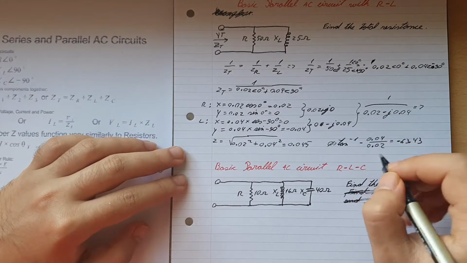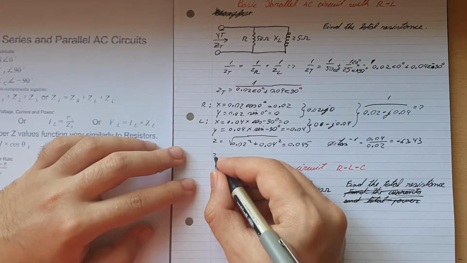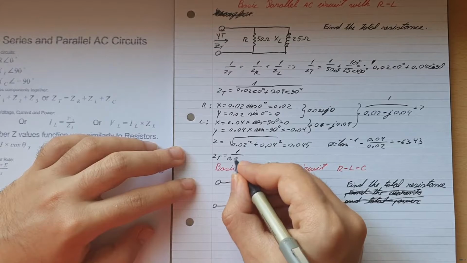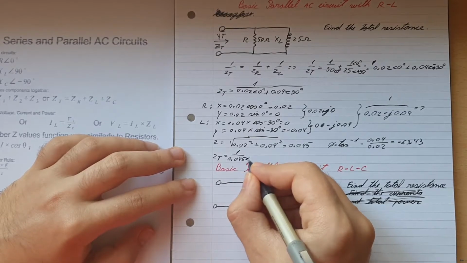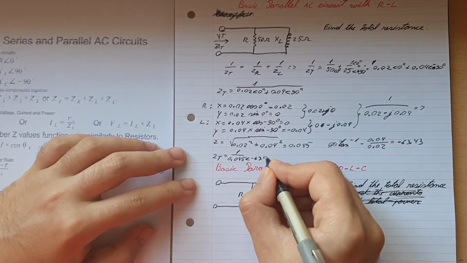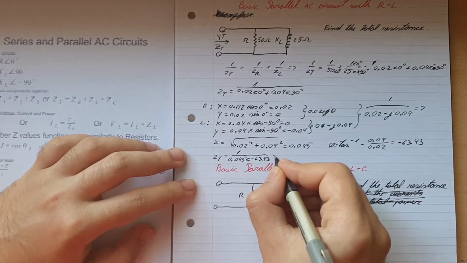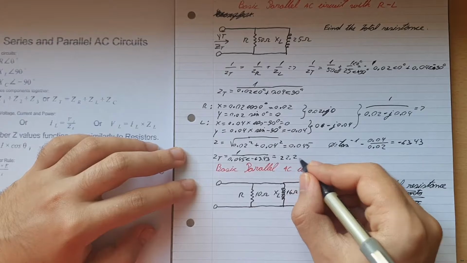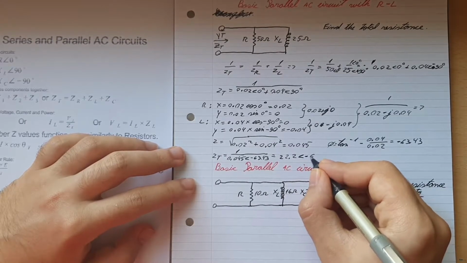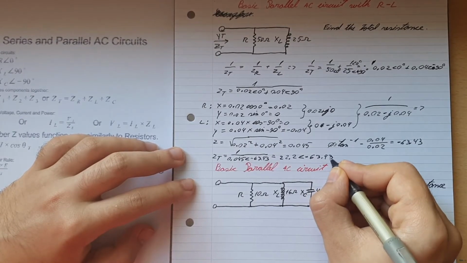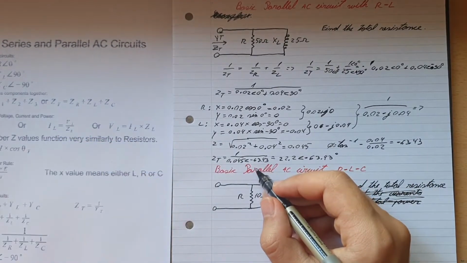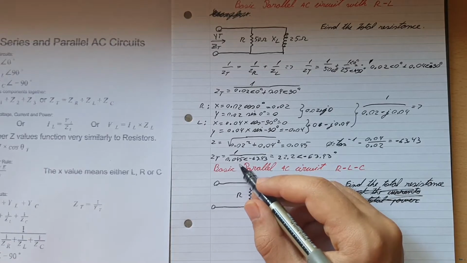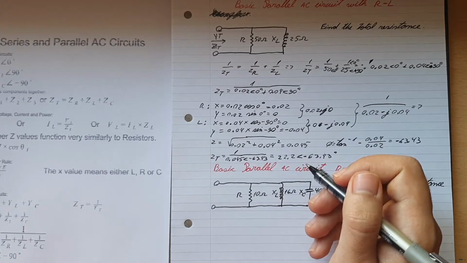Now we've made it into polar form, so ZT will be equal to 1 over 0.045 at an angle of minus 63.43 degrees, and that will be equal to 22.2 at an angle of minus 63.43 degrees, because the angle doesn't change, only the real number changes, and 1 over 0.045 is equal to 22.2.